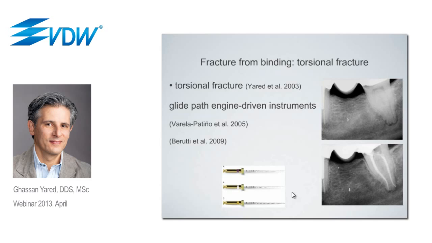So the question is again, why do we have to use so many files to create a glide path in a canal like this one, when we know that the majority of the cases can be done without a glide path, and the majority of the cases using single file reciprocation?